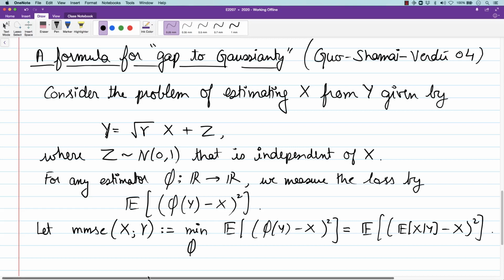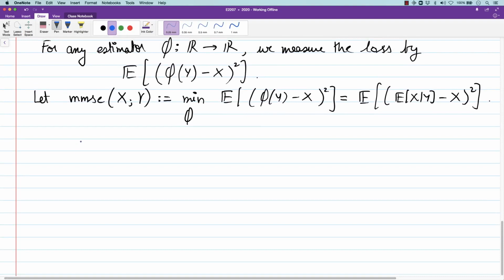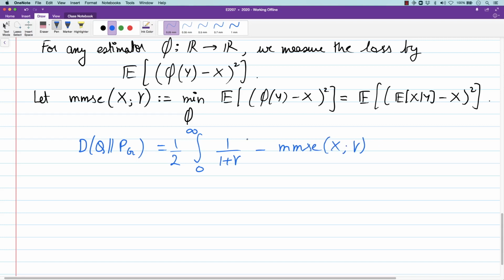What the formula says is that the divergence between Q and standard Gaussian PG is equal to half integral from 0 to infinity of 1 by 1 plus gamma minus MMSE of x at gamma, where x is distributed according to Q. In fact, there's a little bit of abuse of notation.